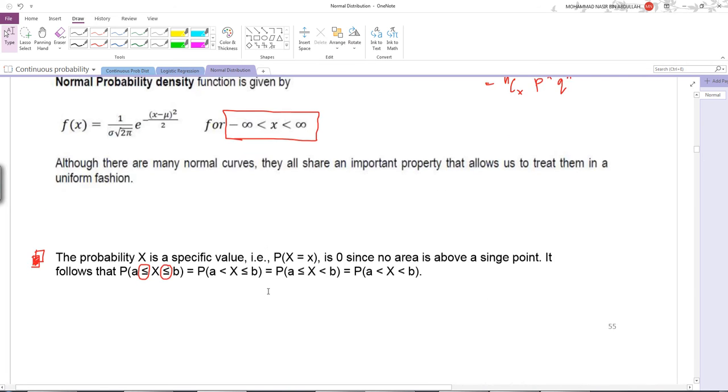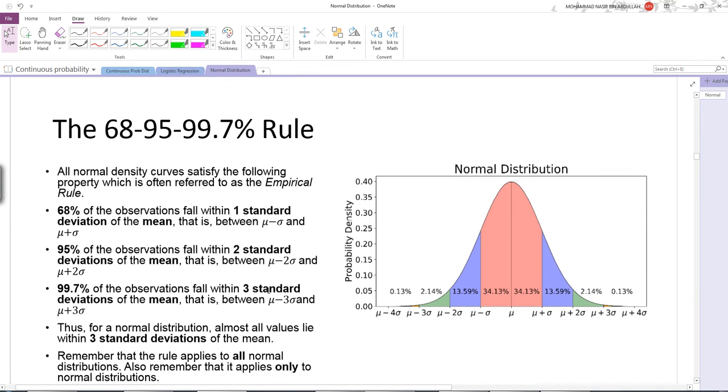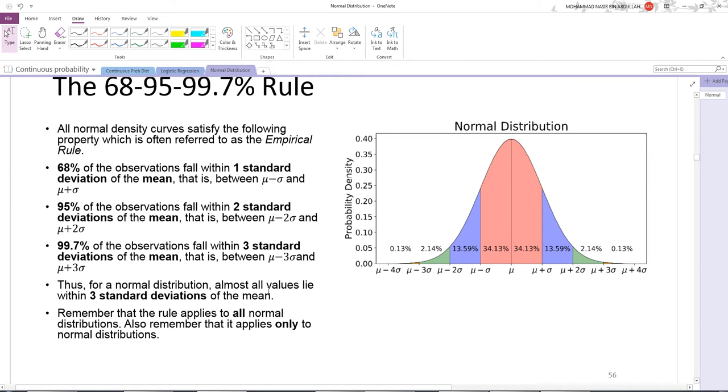Okay. Right. So there are 68, 95, 99.7 rule. So 68% of the observation, right, will fall within one standard deviation of the mean. Means that for the first part here, this is 68% of the area. This is the rule of 68, 95 and 99.7.